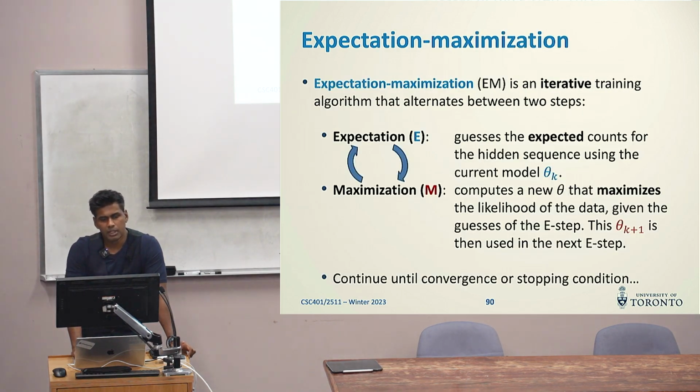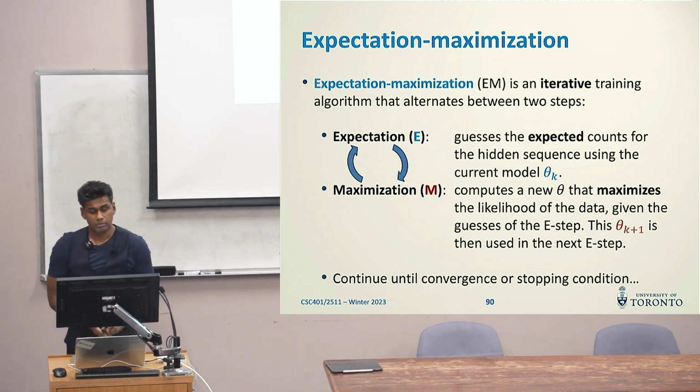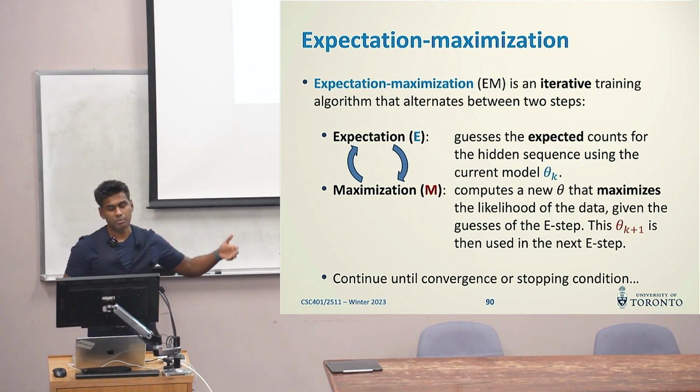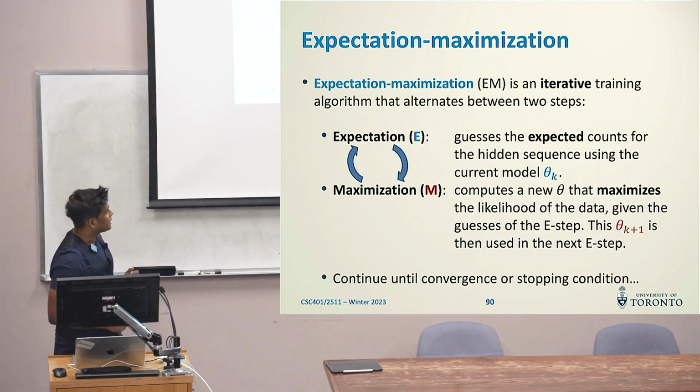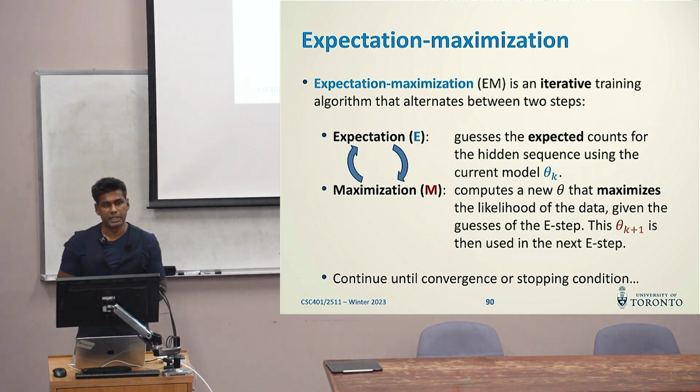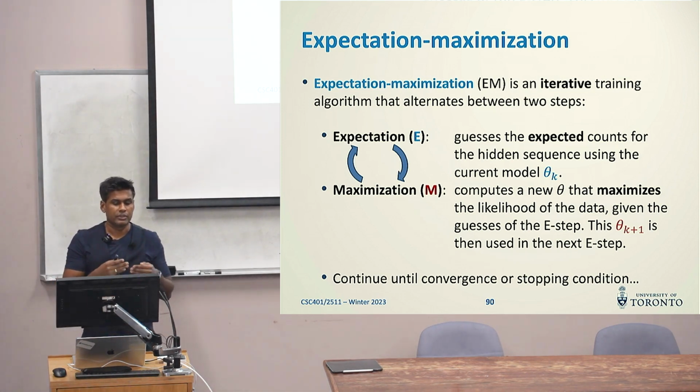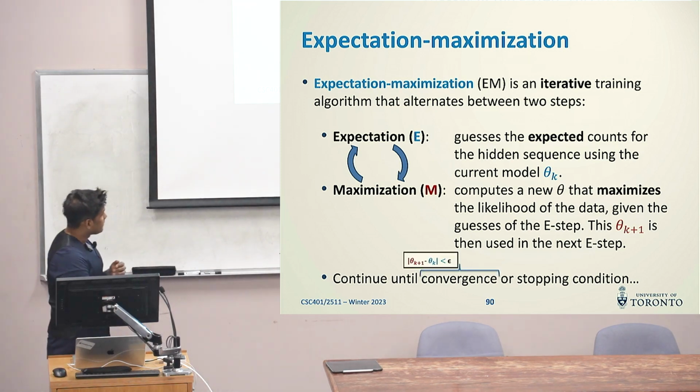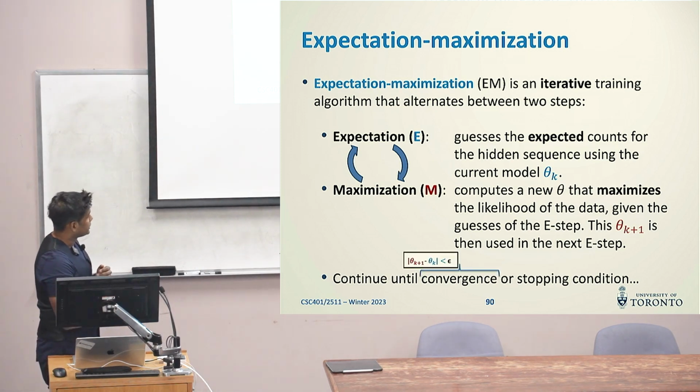In an expectation maximization algorithm, we usually continue the iterative training process until some convergence or stopping criterion is met. Usually, the convergence is some kind of difference threshold.